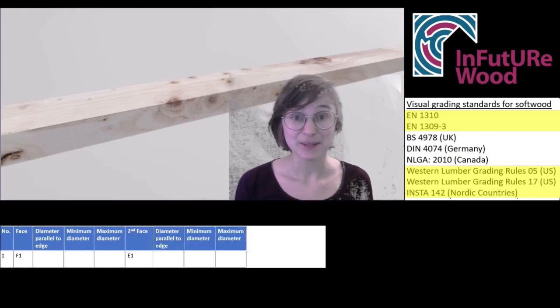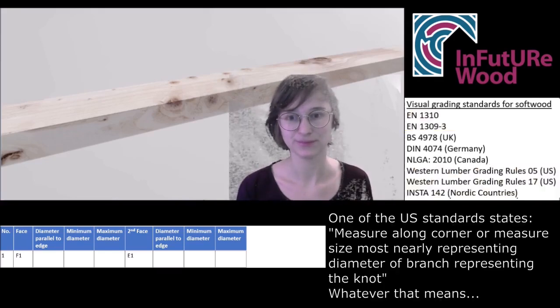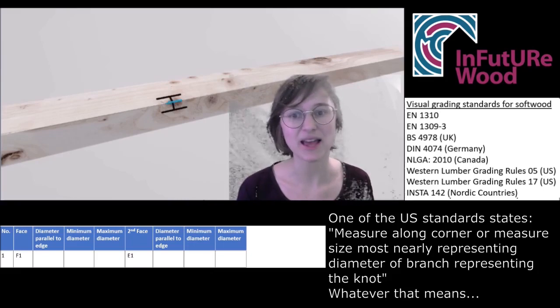Of course we add the measurements in the same row of our table because it is the same knot. And again we measure the diameter parallel to the edge and the diameter directly at the edge, which is in this case the maximum diameter.